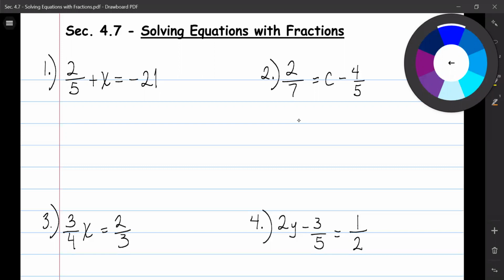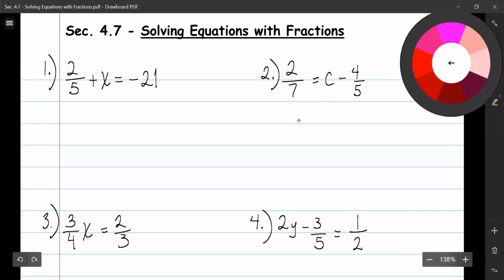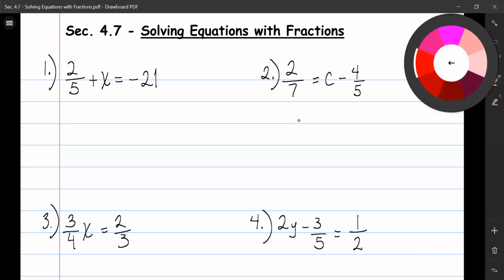All right, so for number 1, I will start by just subtracting 2/5 from both sides. So negative 21 is the same thing as negative 21 over 1. And then I can just bow tie that.